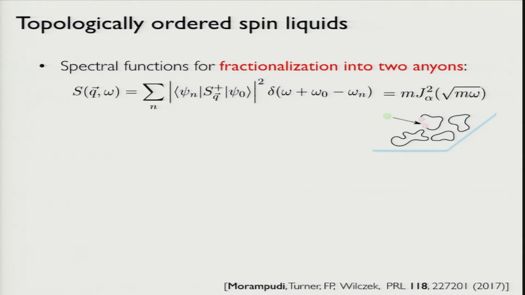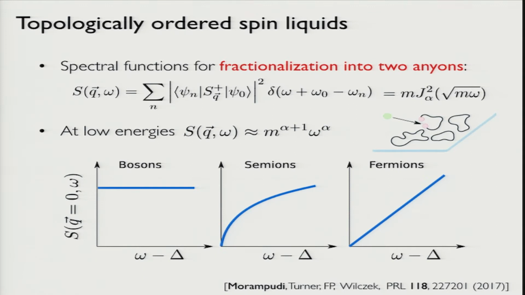What we find is that S of Q and omega is given by a Bessel function about the gap. If we expand this function to lowest order, what we find is the following. Here I plot the spectral density, or the spectral weight, at a given momentum. I choose Q equals 0, and I look at the spectral weight above the gap.